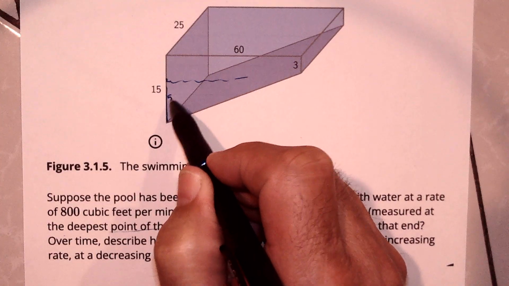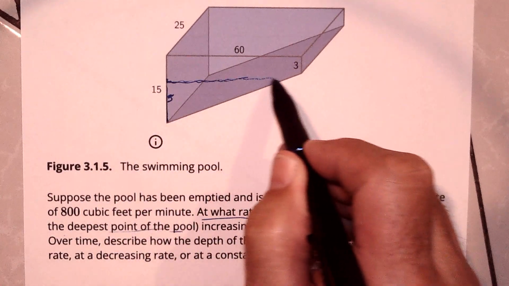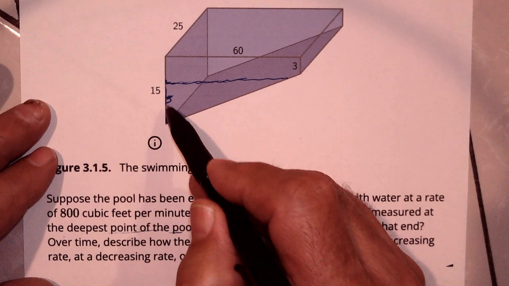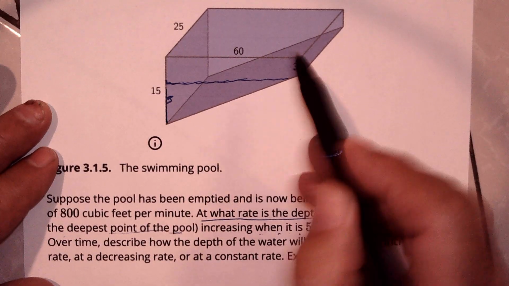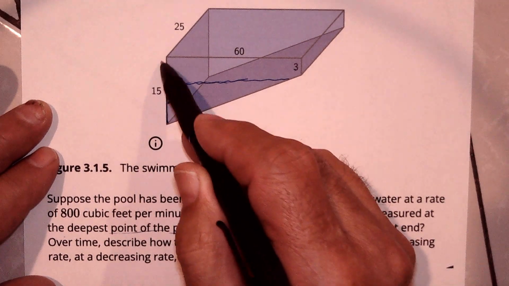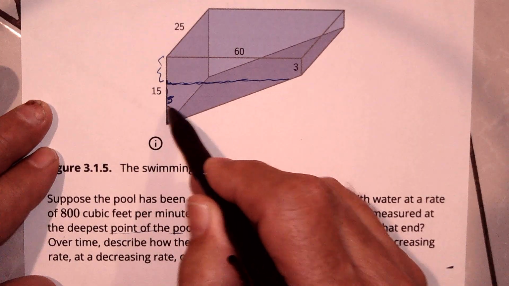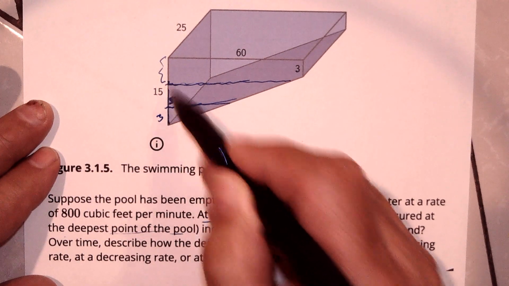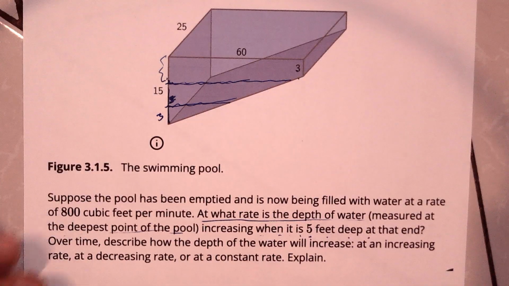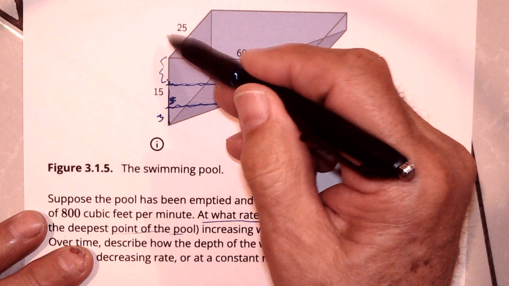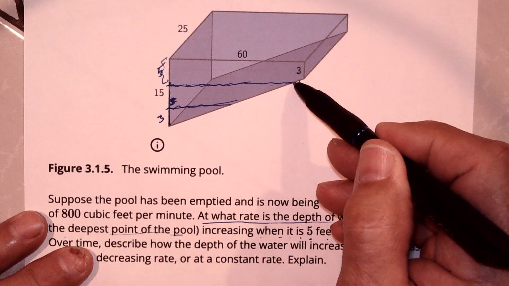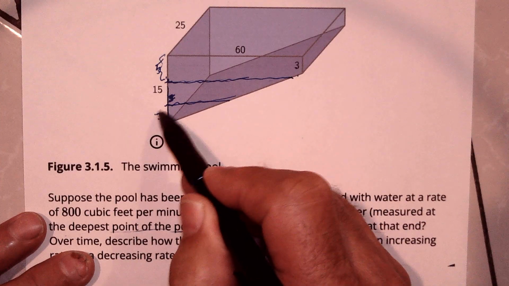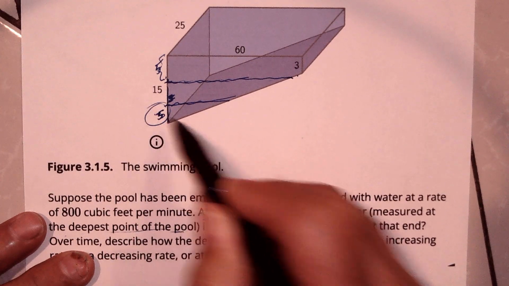So if this is 5, and this is not going to be 60 necessarily, because there would still be 10 feet here, so it's way down here. Anyway, this is 5 feet, but this is changing, so we can't use it.